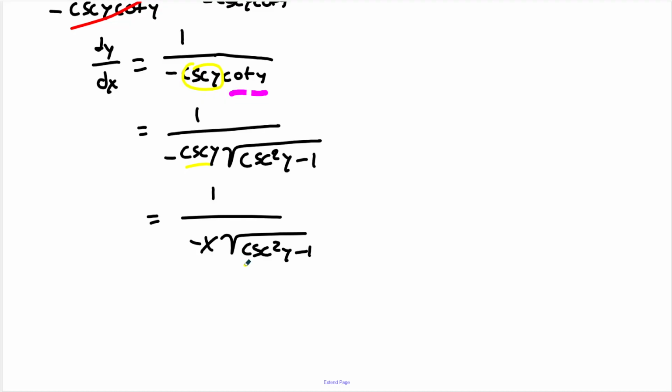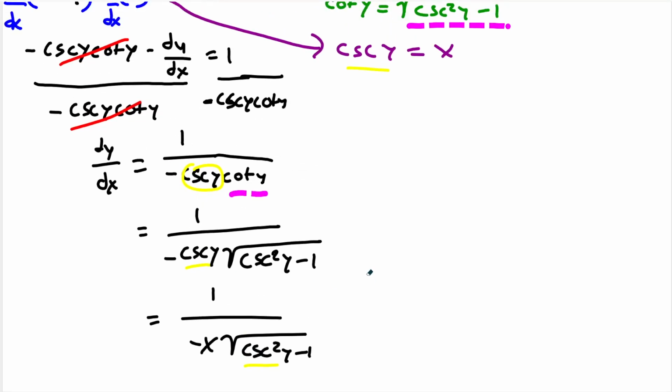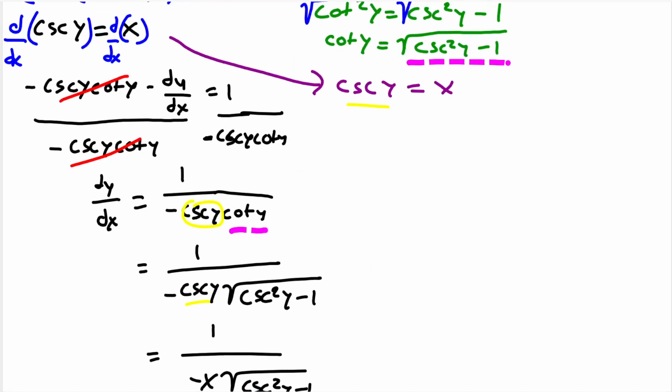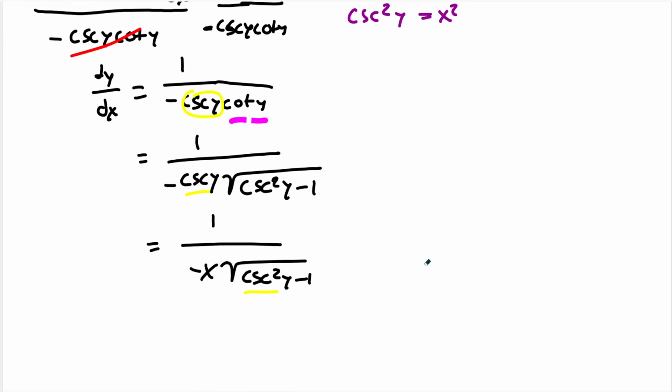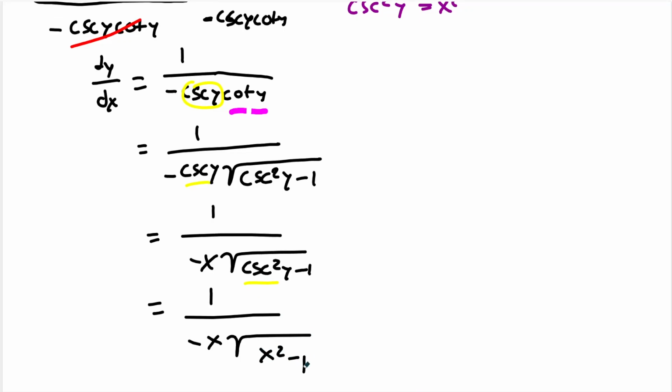Well, we still have a cosecant thing here as well, so why don't we just square both sides to get cosecant squared of y equals x squared. So then we'll get 1 over negative x times the square root of x squared minus 1.